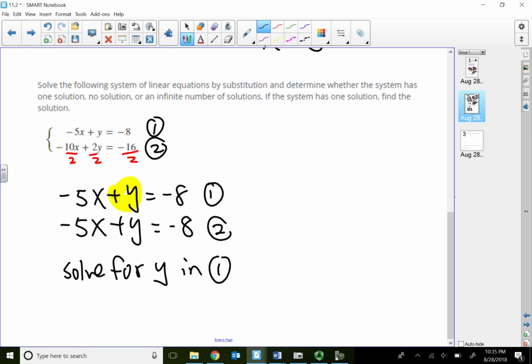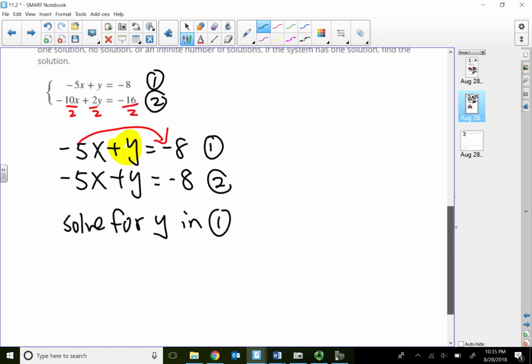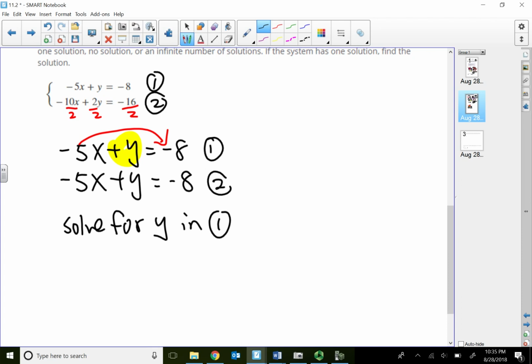If I get this positive y by itself, that means I'm going to move the negative 5x over. Remember, I already said they are the same line because the two equations look exactly the same. Therefore, these two lines are the same. But if I go through the arithmetic, something's going to happen too. Move the negative 5x over, that's y equal to 5x minus 8.